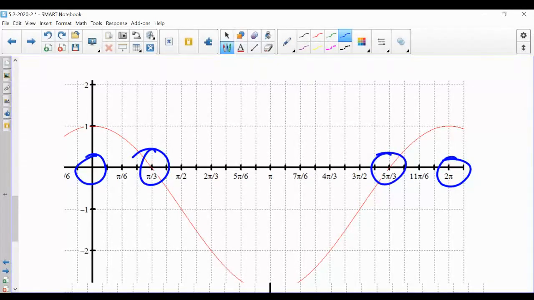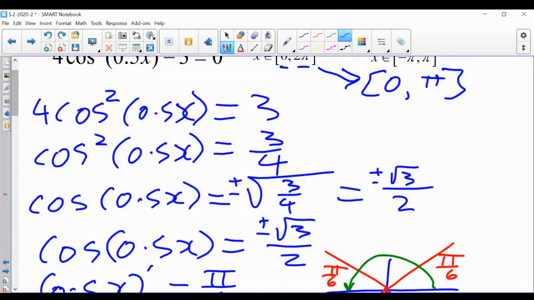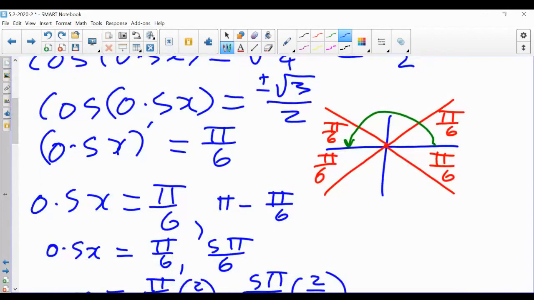Those are within the 0 to 2 pi, right? We didn't go in all four quadrants as we sort of thought we would initially, right? We left out these two because when you multiply by 2, this one and this one would actually be outside of the 0 to 2 pi domain.